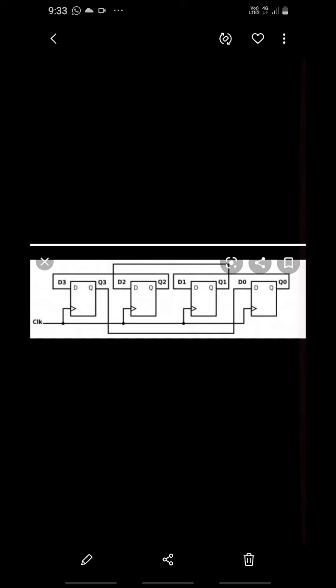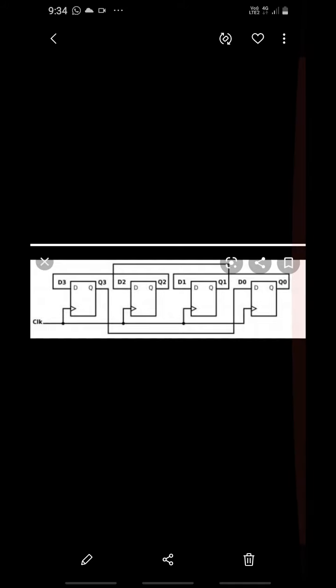So here again 4 different D flip-flops are arranged. In this register, from D3 to D2, D1, D0 you can shift the data. That means MSB bit to LSB bit. So here D3 is the input and its output is given to D2, and the D2 output is given to D1, and the D1 output is given to D0.